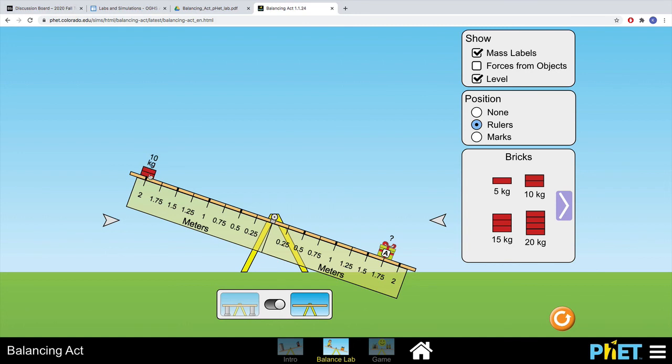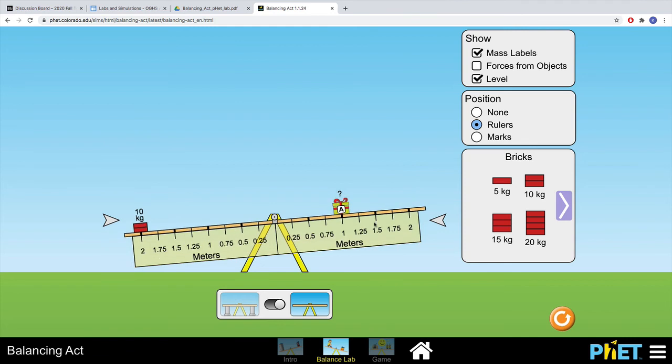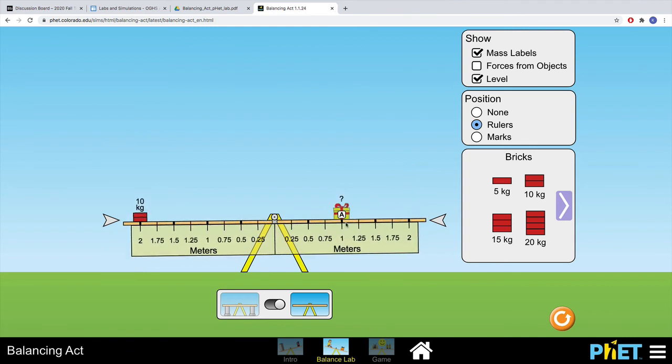Maybe the 10 kilogram mass is too small, or maybe put this guy a little to the front until you find some kind of balancing. Based on that, you do a calculation and show what is the mass of object A, using this balanced system.